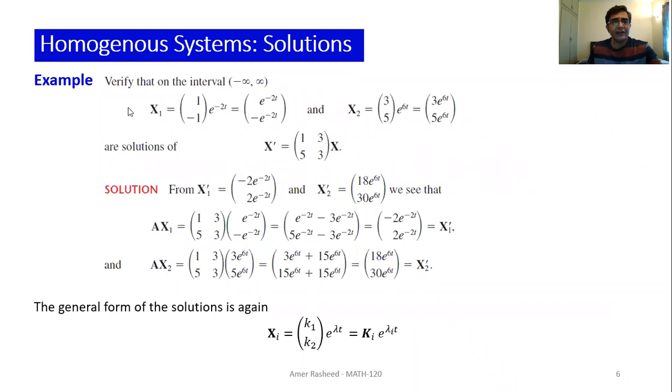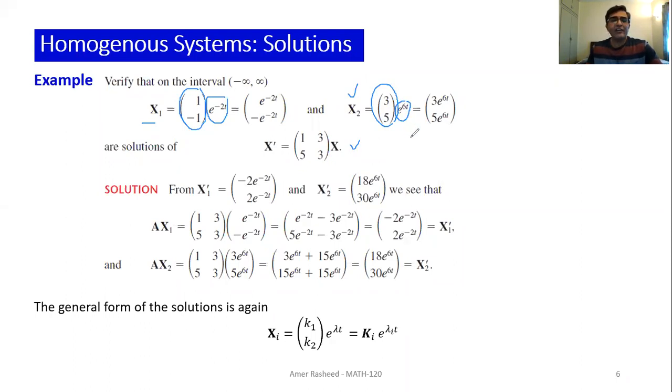We have verified in the previous slides that this x1 is written in the form of a constant times an exponential term. We have also verified that x2 is a solution of this homogeneous linear system, and it has the form of a constant vector times an exponential term.